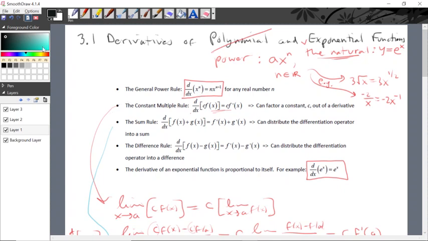So the actual proof, I'll make a note here: another proof of this one, other than the one that I give you in the notes, can be found in the section on logarithmic differentiation. That's in a few sections. I believe section 3.6 is where it is in this textbook.